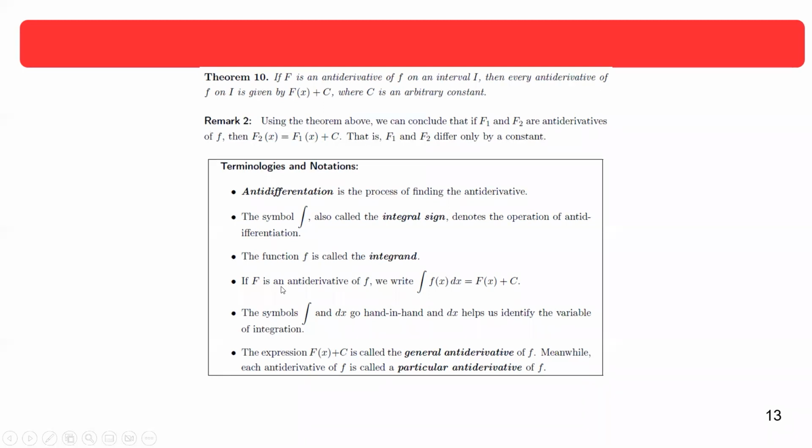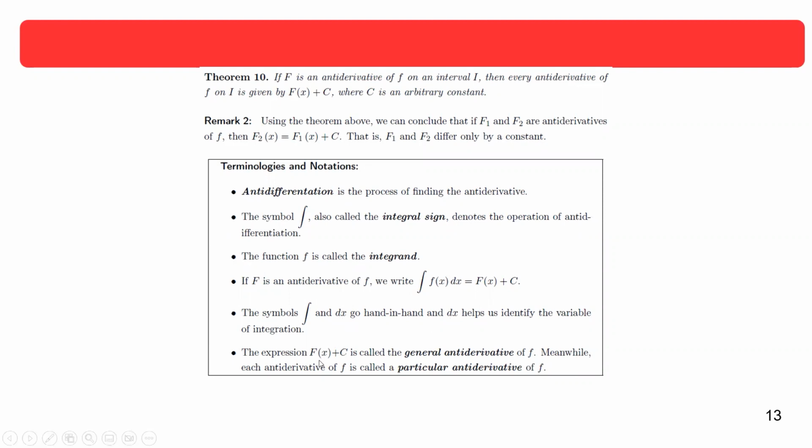The capital F is an antiderivative of f, diba? It's one of the answers, plus c. And then you notice that the integral sign and the variable of integration, dx, always go hand in hand because it tells us what the variable of integration is.